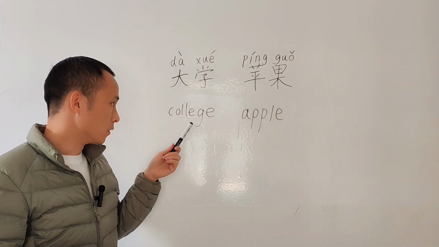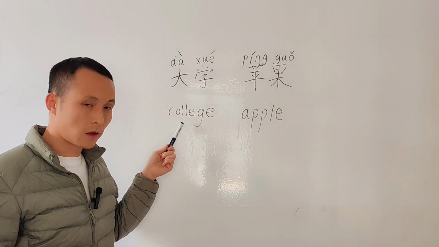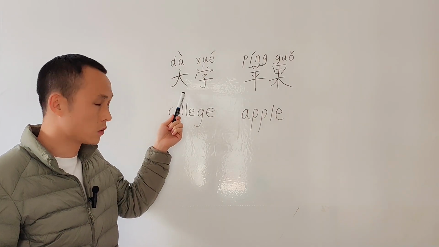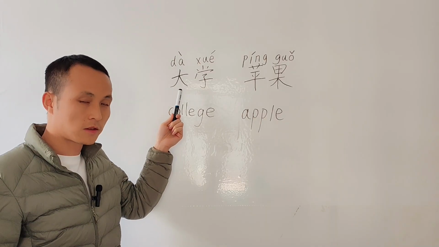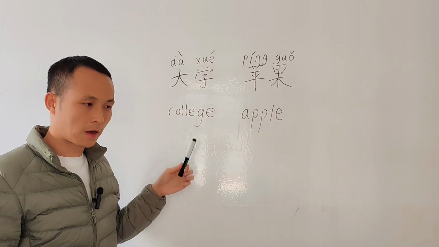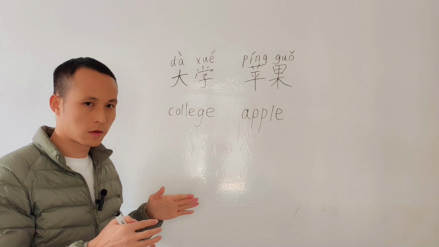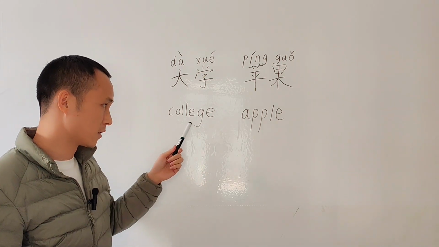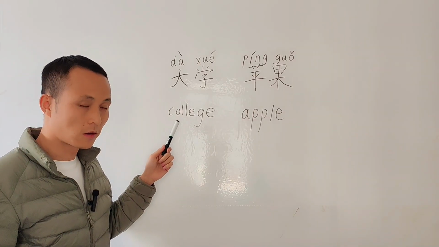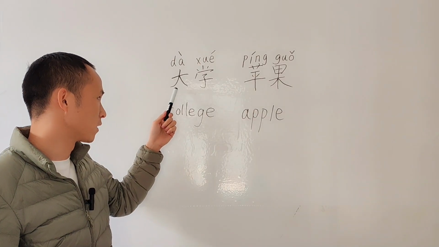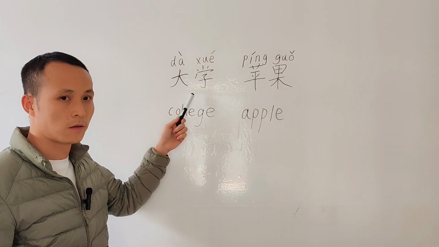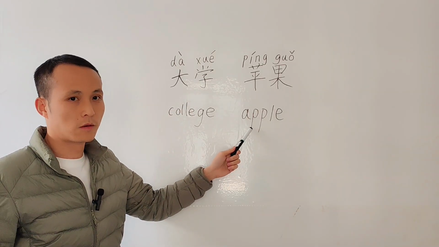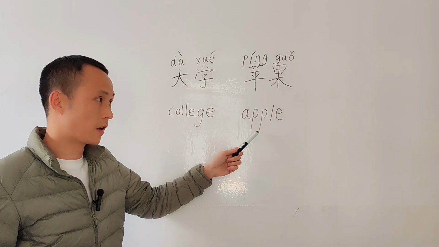So a single English word corresponds to two Chinese characters. I mean, most Chinese words just appear in pairs. Like these examples. College is a single word, but in Chinese, it consists of two characters. 大学 means college. Apple, a single English word, right?